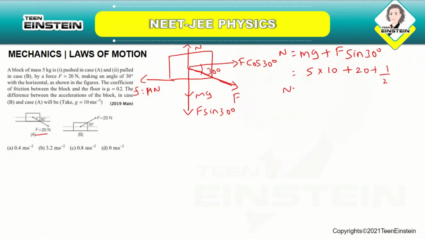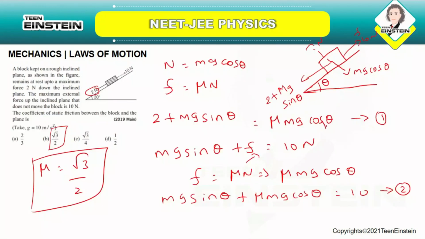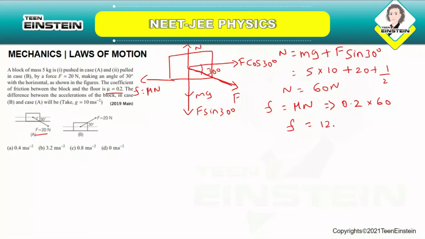If you solve this, you will get the N value as 60 Newton, and f is equal to mu N, and the mu value they have given you is 0.2. So, it is 0.2 into 60. If you solve this, you will get the f value as 12 Newton.